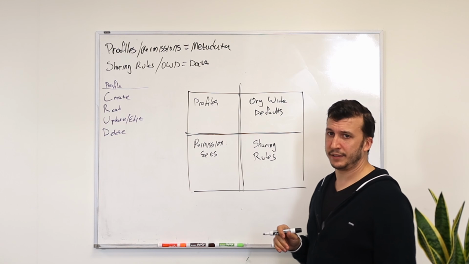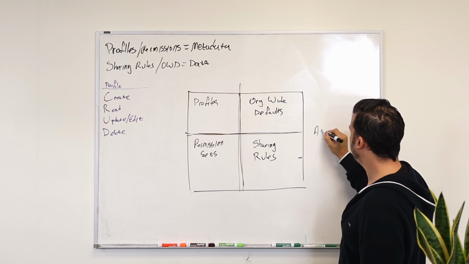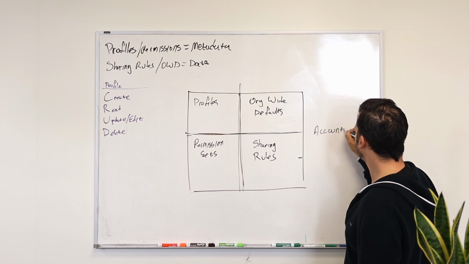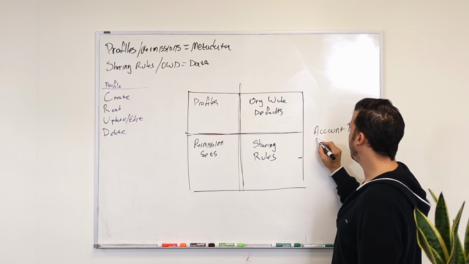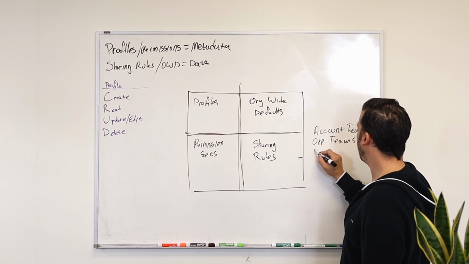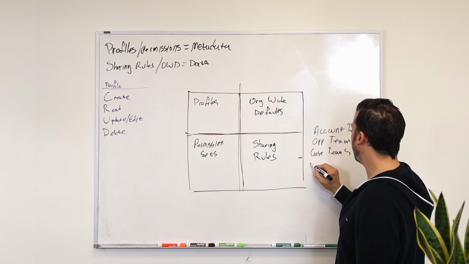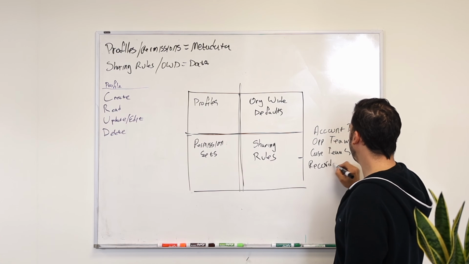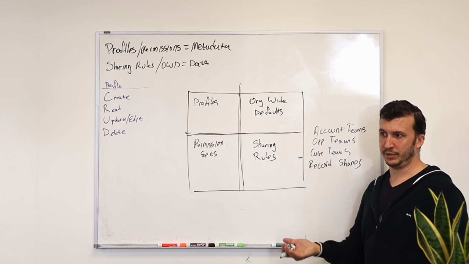Sharing can be extended in a number of other ways too, through things like account teams. We have opportunity teams, I'll call these op teams. We have case teams. We have record shares. These are like individual record shares. So we have all these other ways to extend sharing.